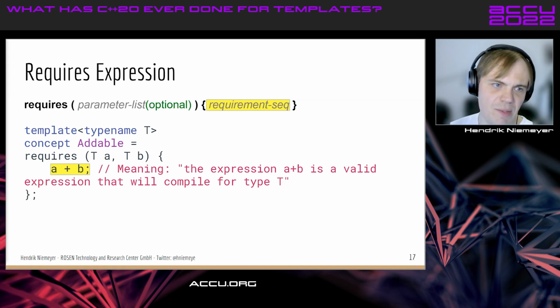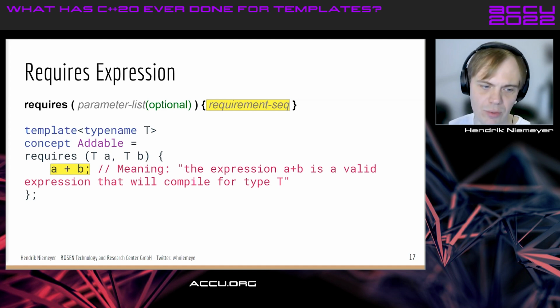So if we have a concept edible with this requires expression consisting of only this simple requirement here, it will just check whether for type T, two parameters of this type T can be added without problems. So it will work for ints, floats, doubles, whatever, but not, I don't know, for some empty struct X, which you define. And of course, edible is not a very good concept, but it fits easily on a slide and can be easily explained here.